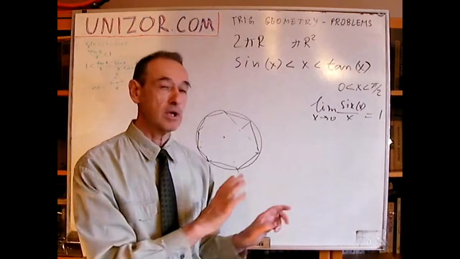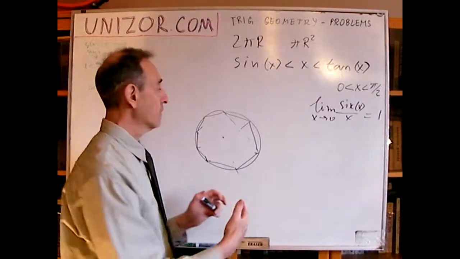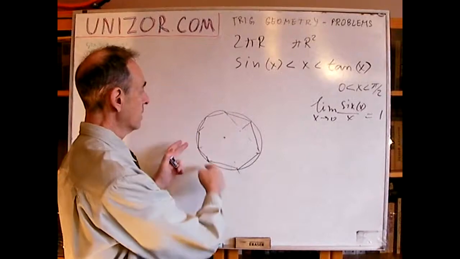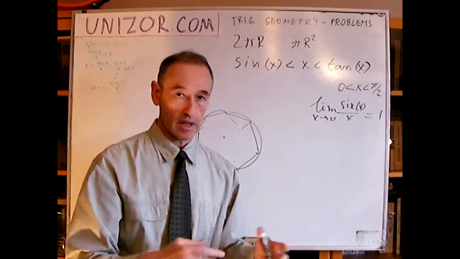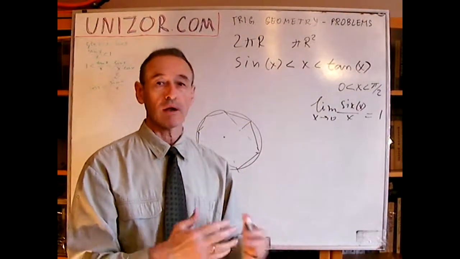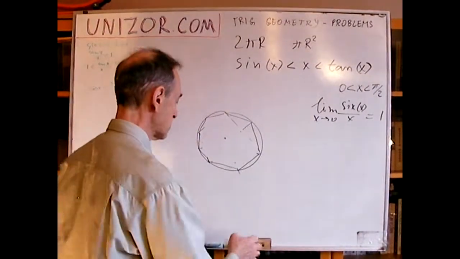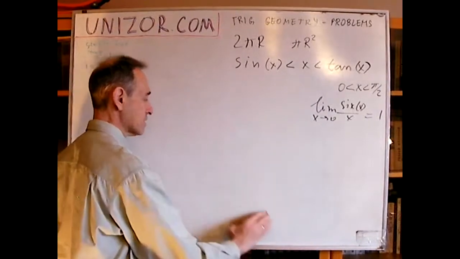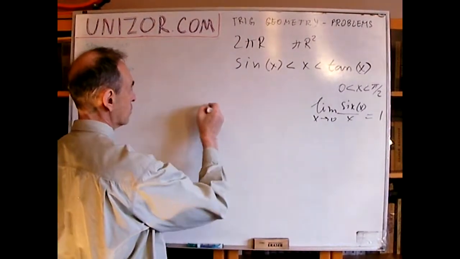And it's beyond the scope of this course. So I will just state that if this process is arranged in such a way that the length of the biggest segment is going down to zero, then there is a limit. It's a unique limit regardless of the process, and this limit is called the circumference. So I will use this particular definition of the circumference.